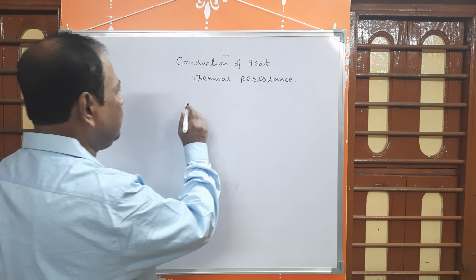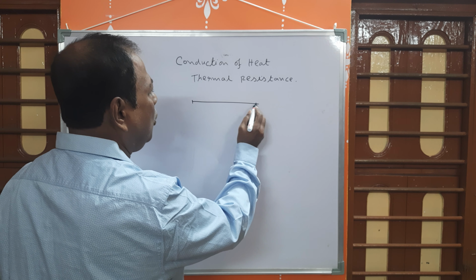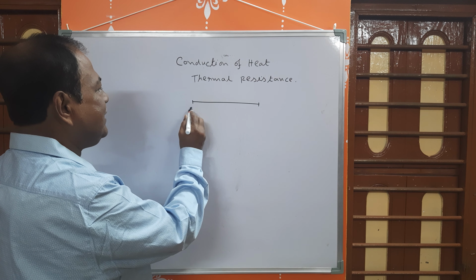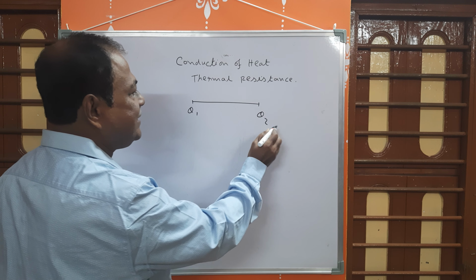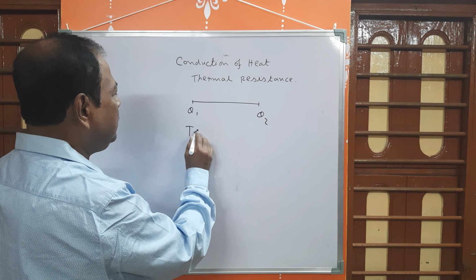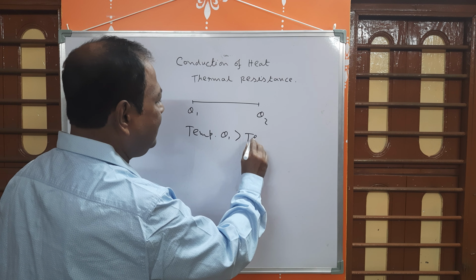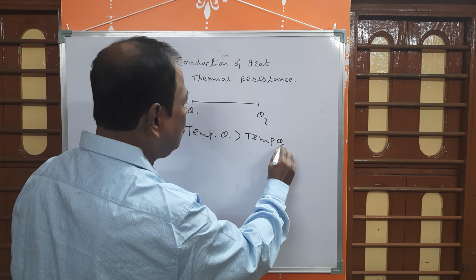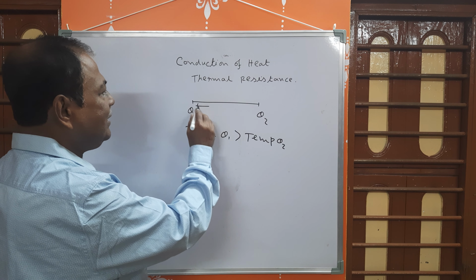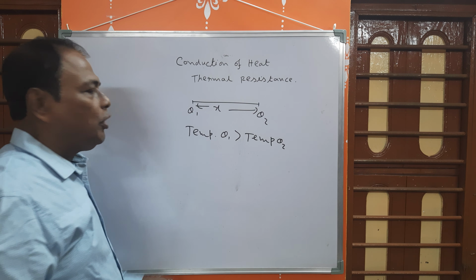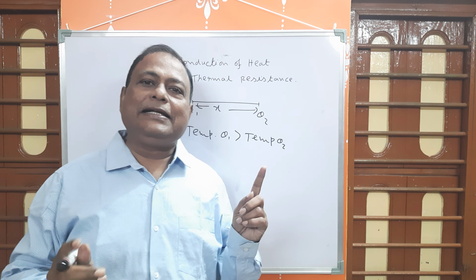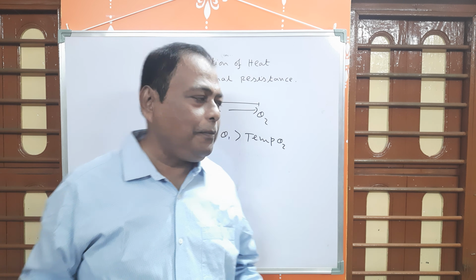Last class what I told you, this is the rod, this temperature is theta 1, this temperature is theta 2. I told you temperature theta 1 is greater than temperature theta 2, and this is the thickness. I told you already what is the meaning of thickness, distance between the two temperature difference zone.